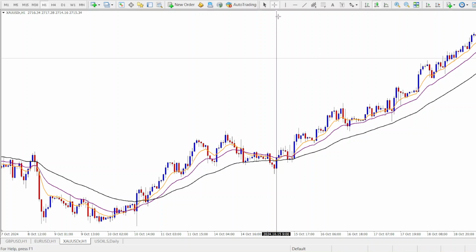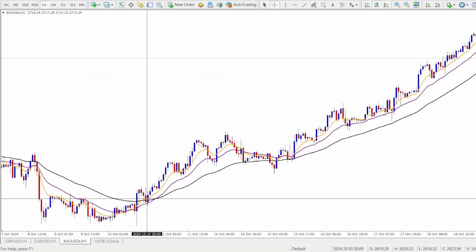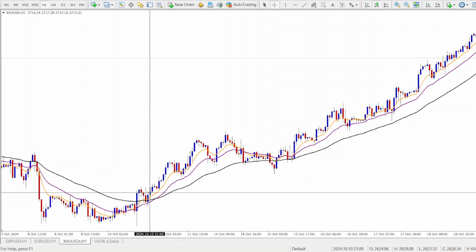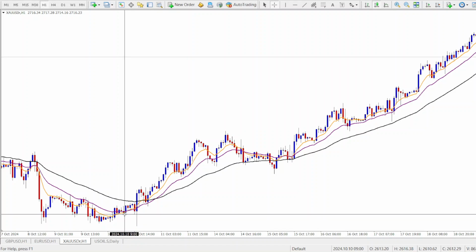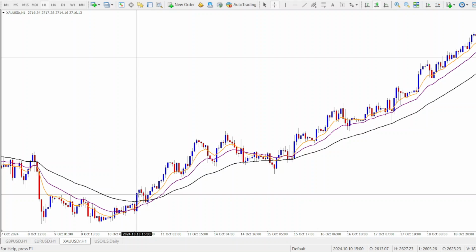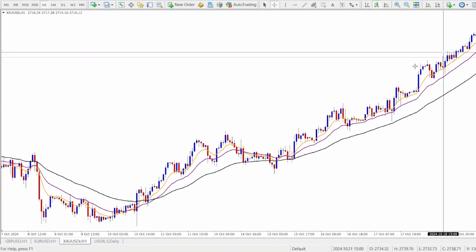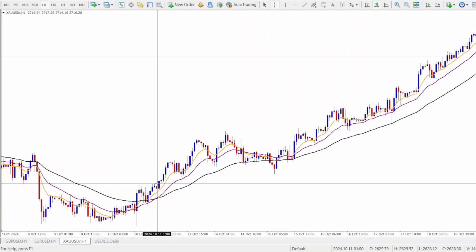When the 9 EMA crosses above the 20 EMA and the 50 EMA, it signals an uptrend, like what happened around here. You can see the 9 EMA first crossed above the 20 and then crossed above the 50, and the price rallied all the way up to this point. So that bullish crossover indicates a buy signal.